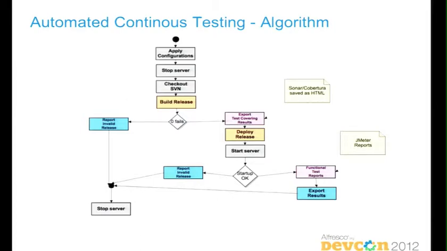Basically, we have 3 different ways to finish it. But first, we apply some configurations in case something has changed in the server, mostly permission stuff. We stop the server in case it was up, and we check out the latest code from the SVN, so we are sure that we are testing the last committed code.